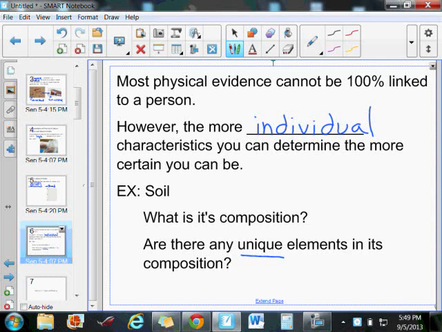So perhaps it is more acidic, perhaps it has a certain metal or mineral in it. And then you can start to narrow down where that soil sample came from. Okay, so for most evidence, it's going to start off as class when you first find it, right? But as you find more information about it, it's going to be individualized.